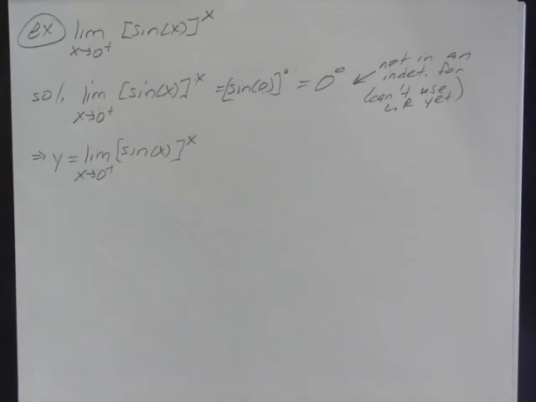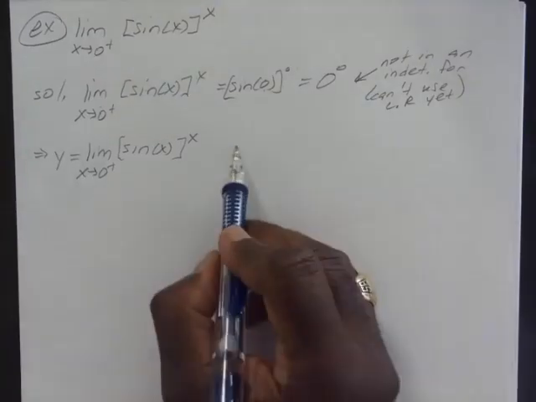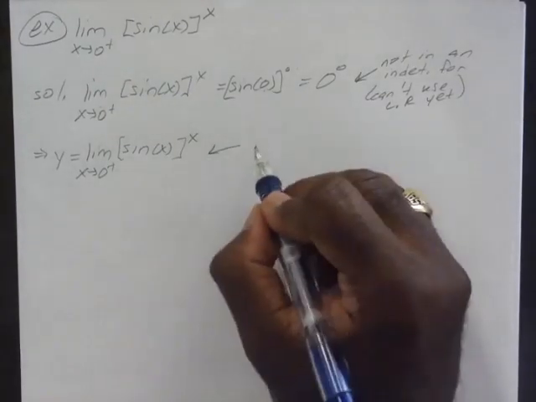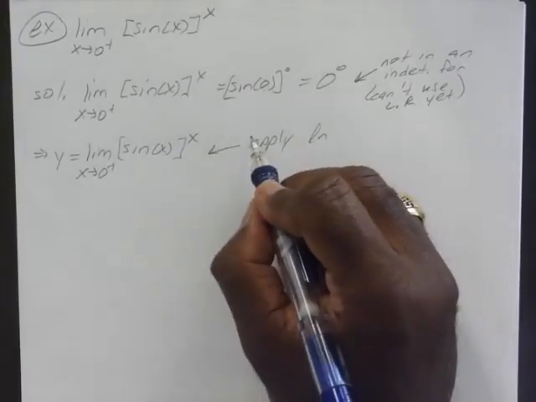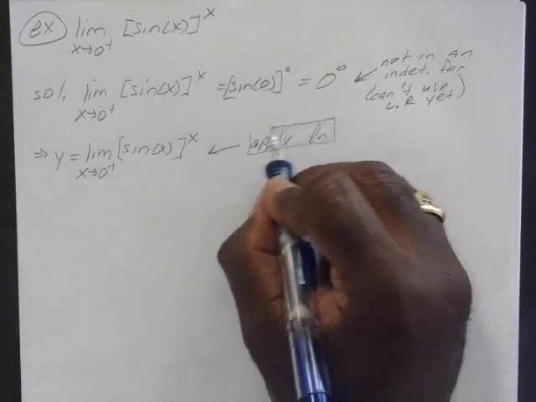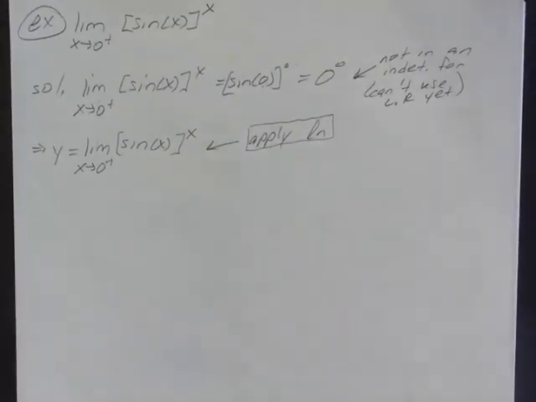Okay. So this process should look a little familiar because we did kind of the same thing with logarithmic functions. So what we're going to do is apply natural log to both sides. So we have pretty much the exact same step. So we're applying that to this problem.